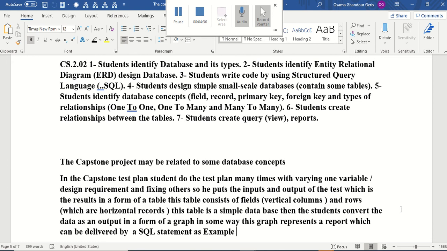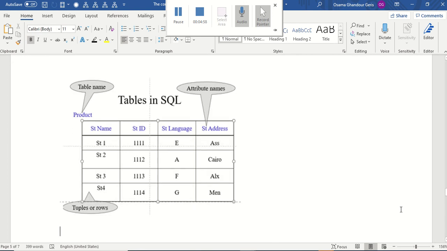This table is simply a simple database. Then the students convert the data as an output into a graph in some way. This graph represents a report which can be delivered by an SQL statement, as in the following example.